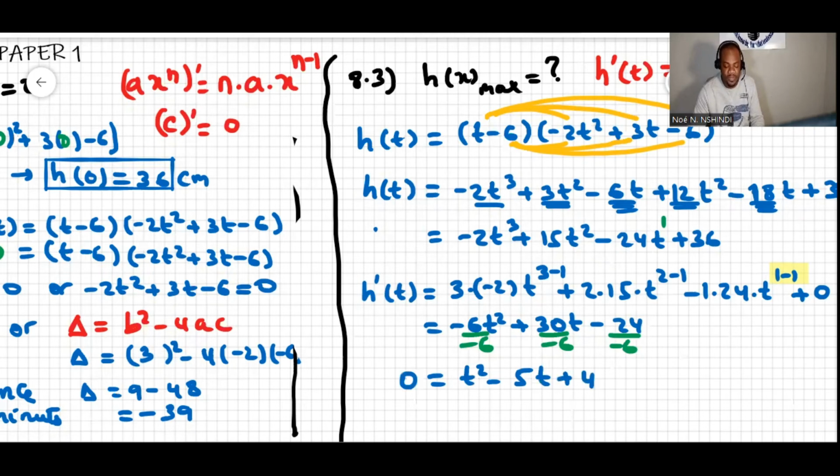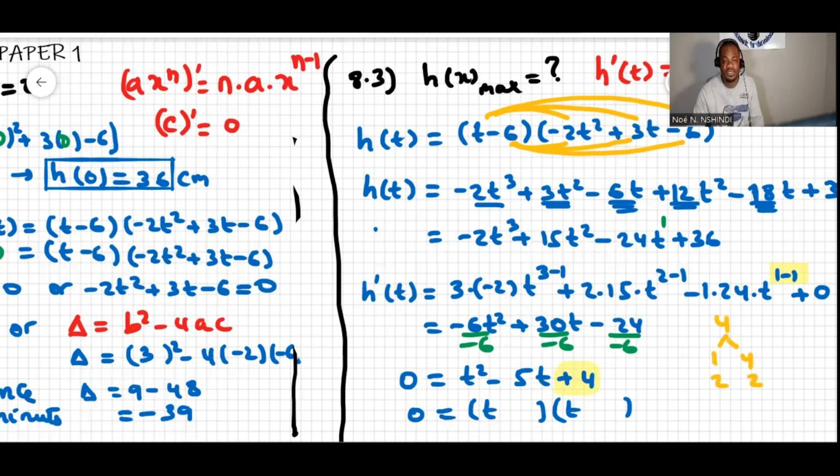Now we can solve this by factorization. Put t like this in the bracket, open bracket t, and then close bracket. Now we can write in the brackets what we need to solve this, and look at the factors of 4. Factors of 4 are 1 and 4, 2 and 2.